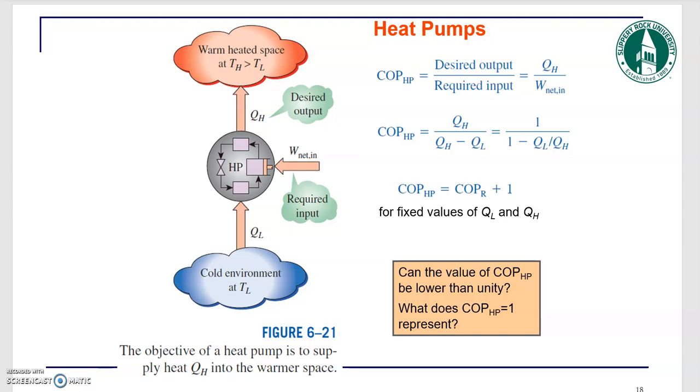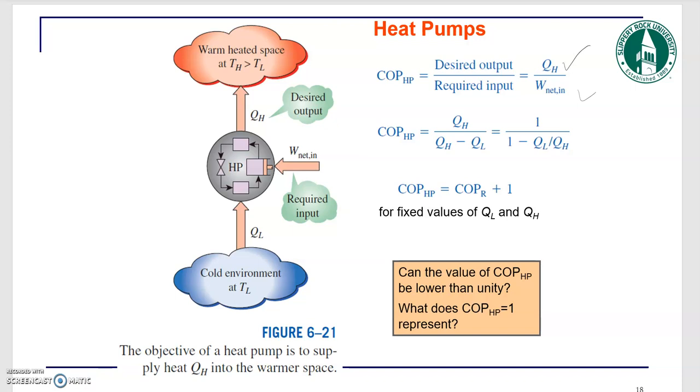So the desired output of the heat pumps is whatever heat they are inputting into your house, which is QH, right? And the required input, of course, is W net, right? So we can define the COP, coefficient of performance of heat pumps, using this equation.